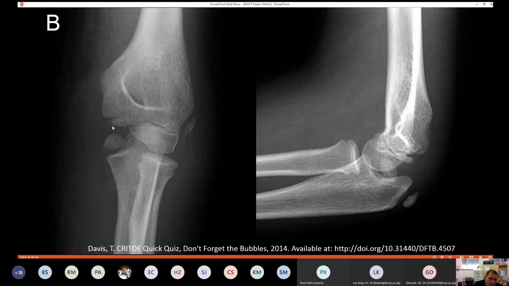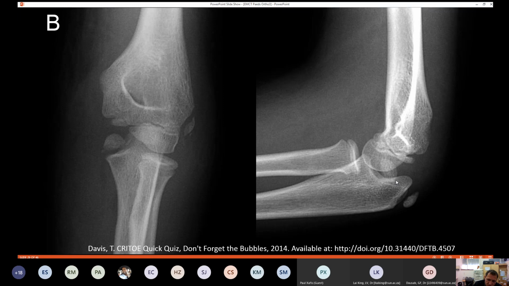Okay, you can see the trochlea here, and you can not really see it that well, but you can see the olecranon on the lateral, and then you can see the lateral epicondyle in this view. So if you look closely, this is the medial epicondyle that is displaced quite significantly, probably about 10 to 15 millimeters. And if you look at the lateral, this is the medial epicondyle that's sitting intra-articularly, that's shifted.